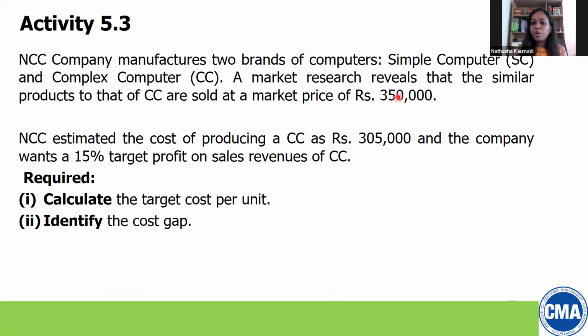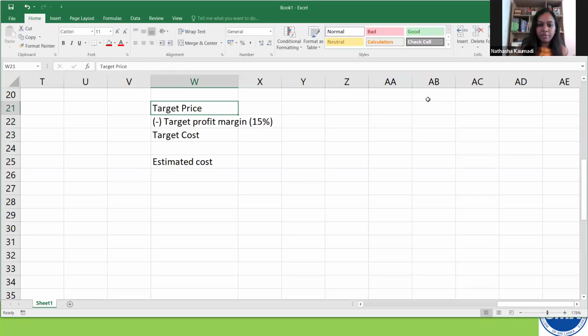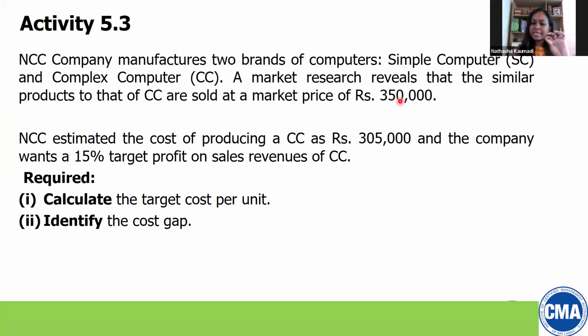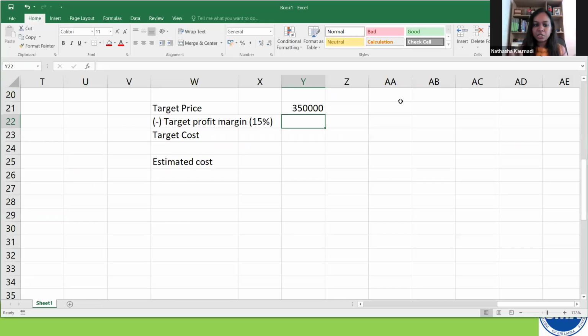You can't go beyond 350 and you don't have to go below 350 either. You can reduce the price with a small gap, but not by 200,000. You can have slight differences, but for this calculation, I'm taking 350,000 from the market research.